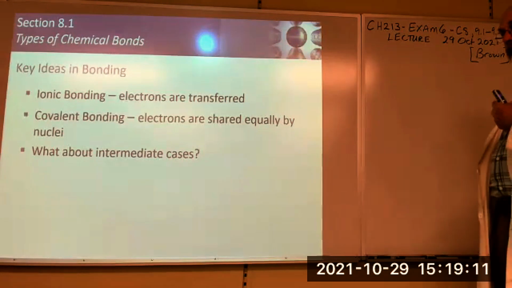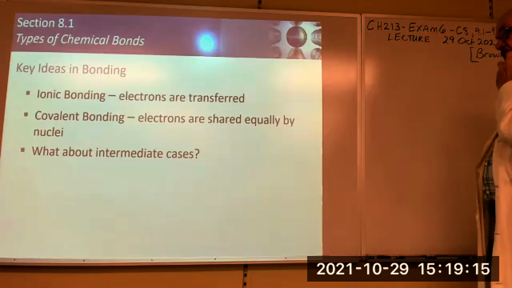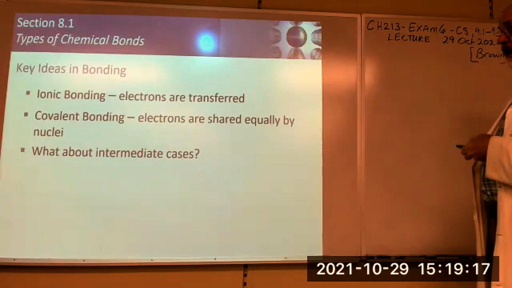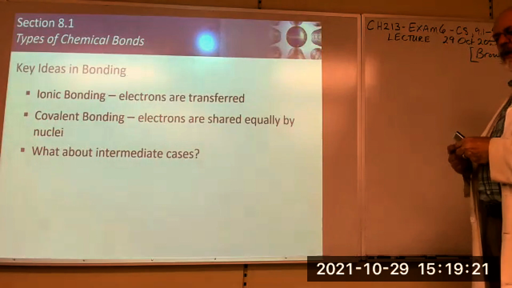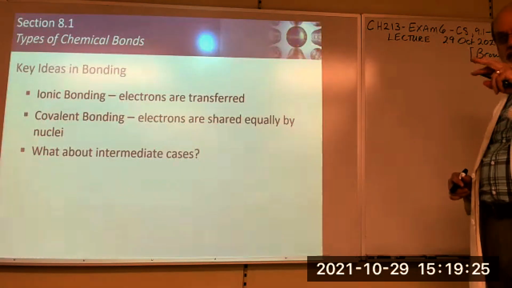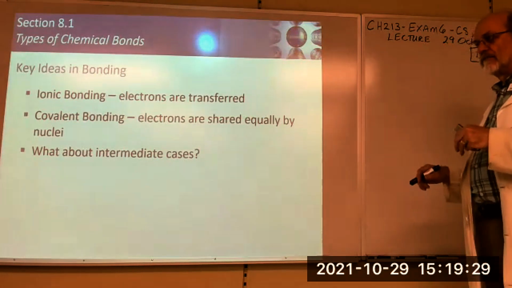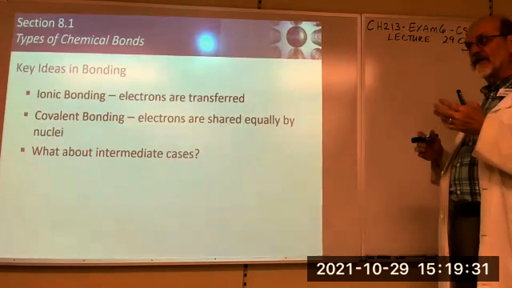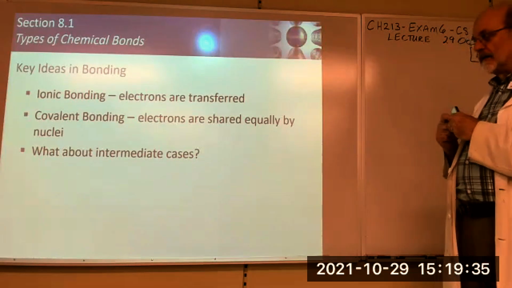Okay. We can divide bonding into two general categories. One, the easiest to understand, is ionic bonding. And that's where a positive ion and a negative ion, at least one of each, sometimes there are multiples, come in close enough proximity that their electrostatic attraction pulls them together. Right?